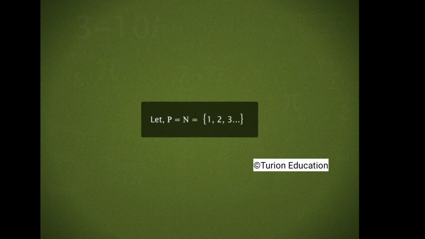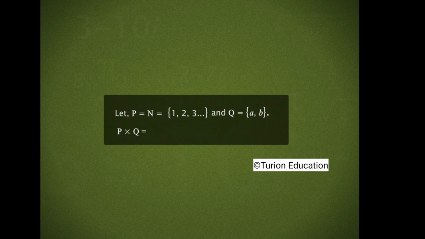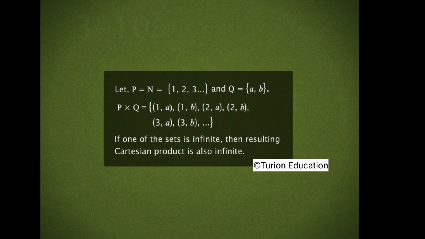Let the set P be the set of natural numbers 1, 2, 3, and so on, and set Q has elements A and B. So the Cartesian product will have the ordered pairs (1, A), (1, B), (2, A), (2, B), (3, A), (3, B), and so on. That means the set has infinite ordered pairs. Therefore, we can conclude that the Cartesian product is also infinite in case one of the sets is infinite.